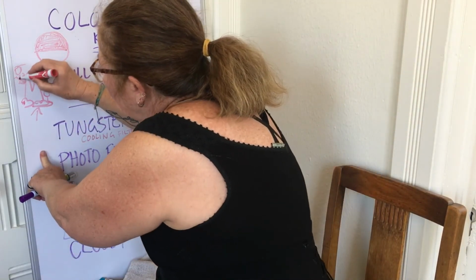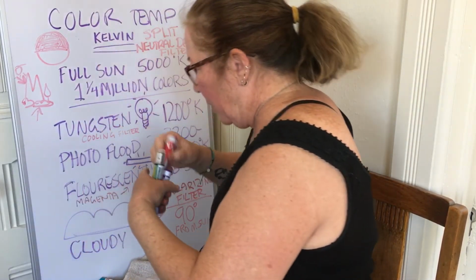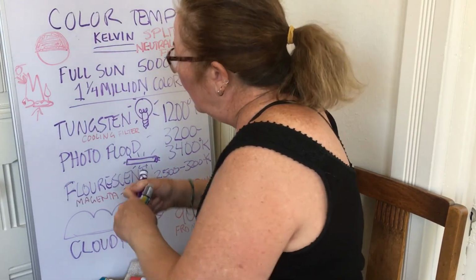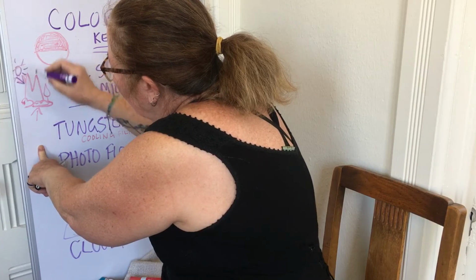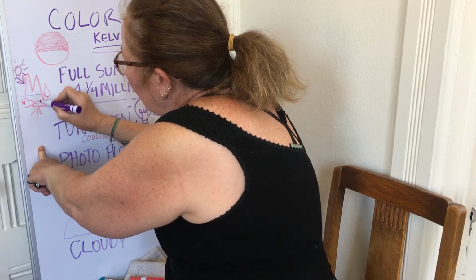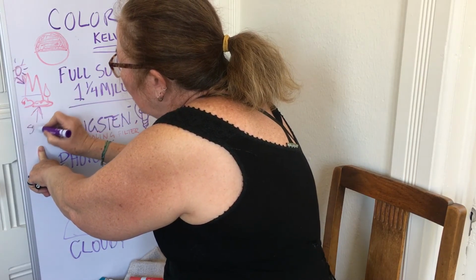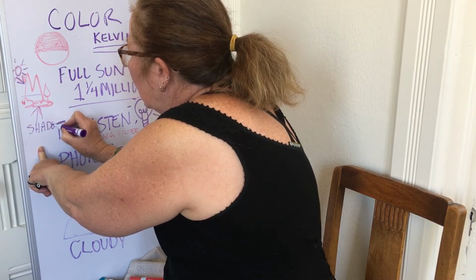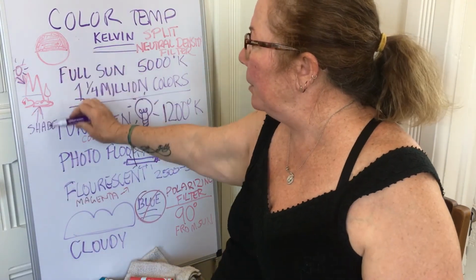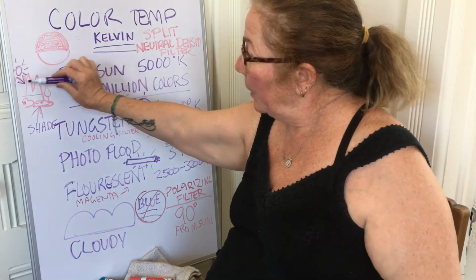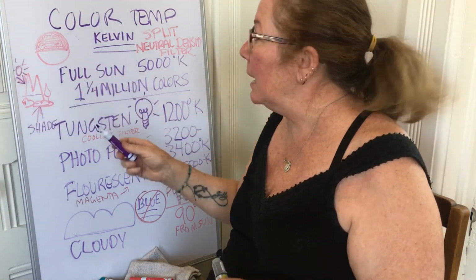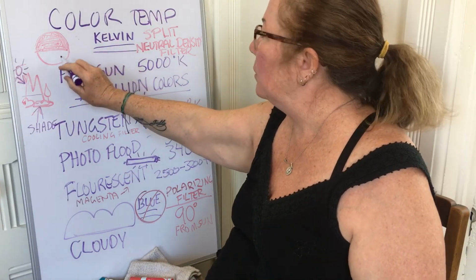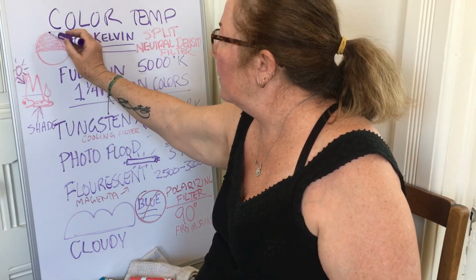So let me get a different marker because it's kind of hard to see. If this part is in bright sun up here, and this part here is in shade, it's going to be hard to get your exposure correct because you've got bright sun up here and shade down here, but you want to get both of them in, and that's where this split neutral density filter comes in.